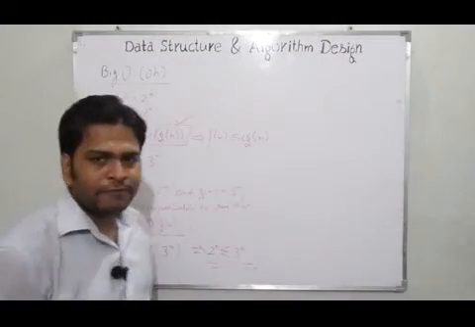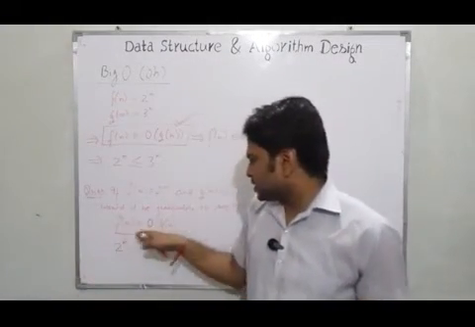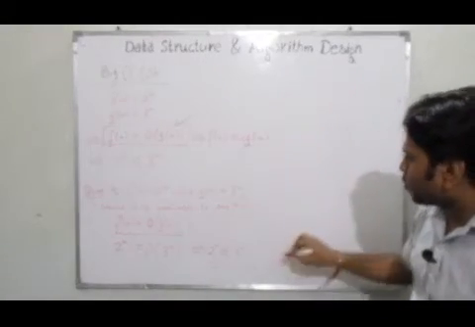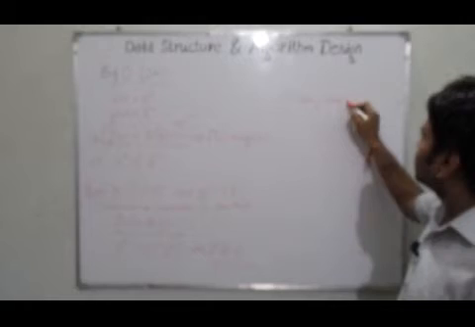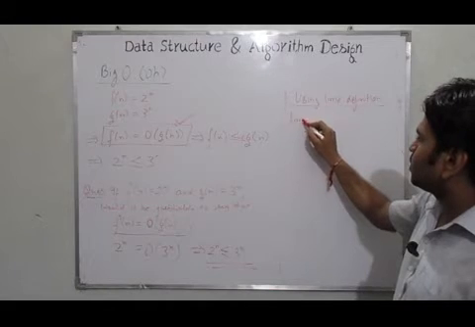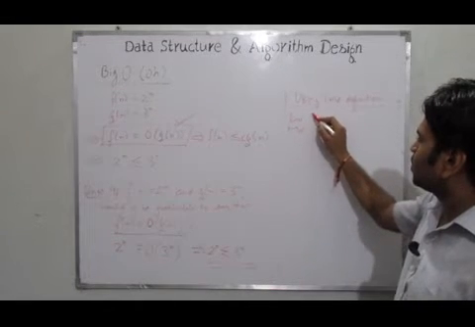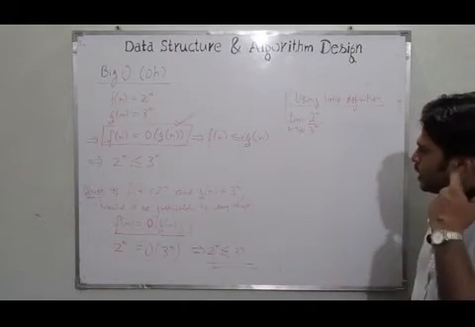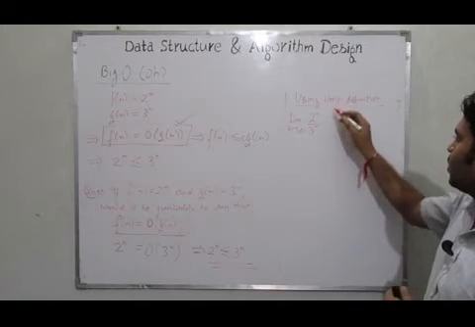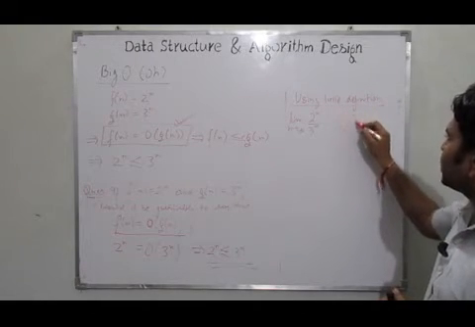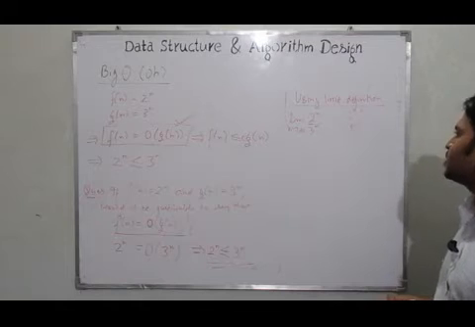We can also verify this through the limit definition. Fine. If we solve this problem using the limit definition with 2n and 3n, we can see here that it is 2 by 3, and we can write it in this fashion.